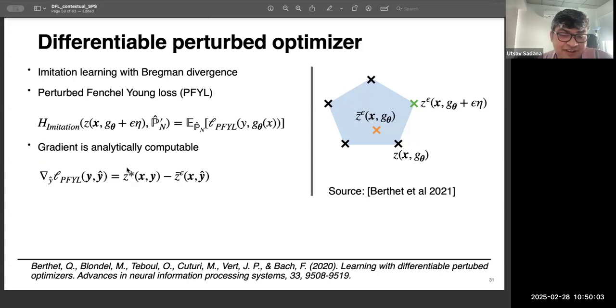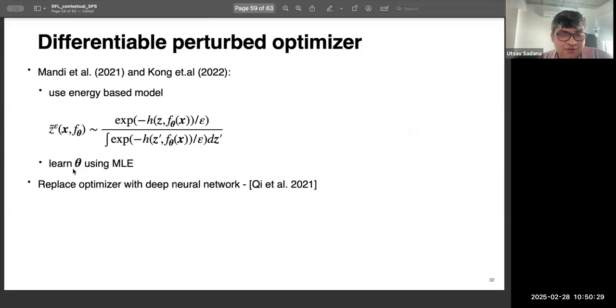It's just the difference between the optimal decision under x and y and the average Z that you constructed by injecting noise into your predictions. So basically what you can do is use these gradients and keep updating your predictions. And this is analytically available to you.